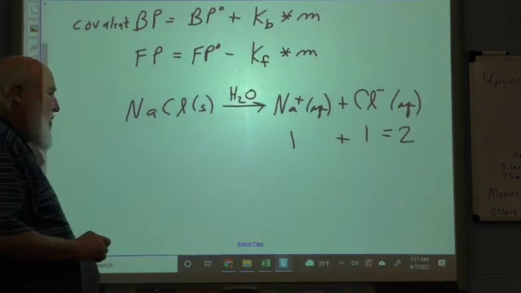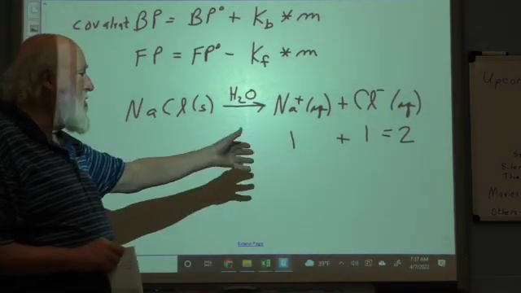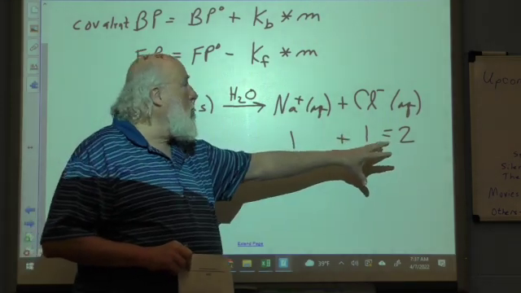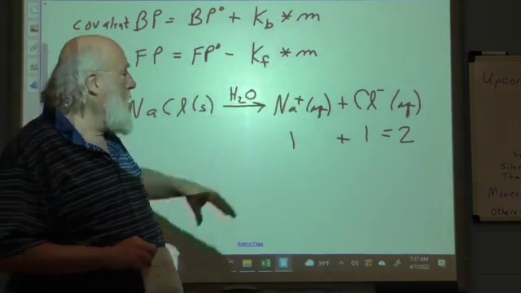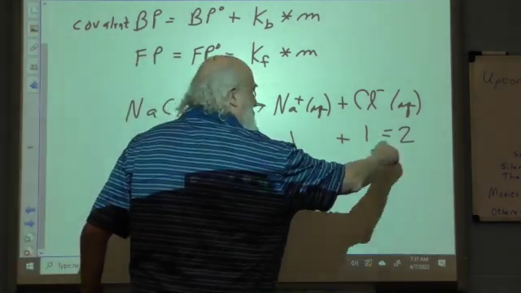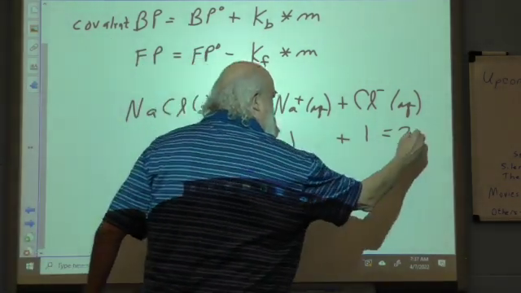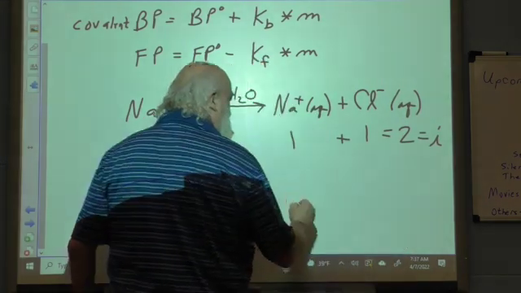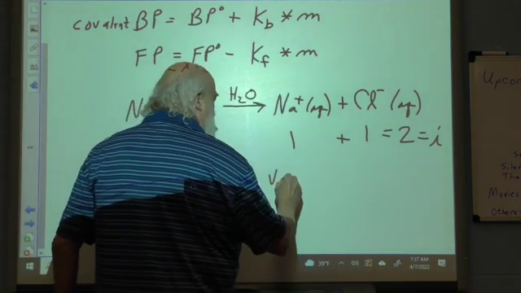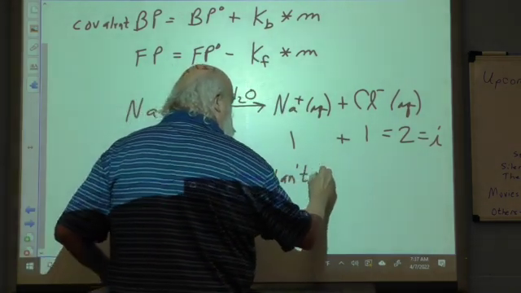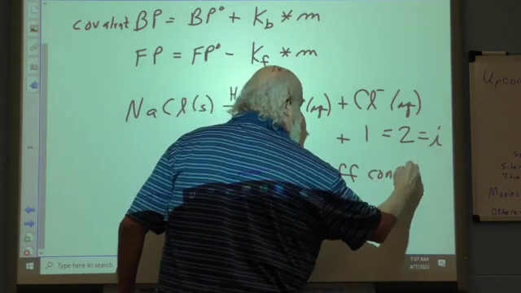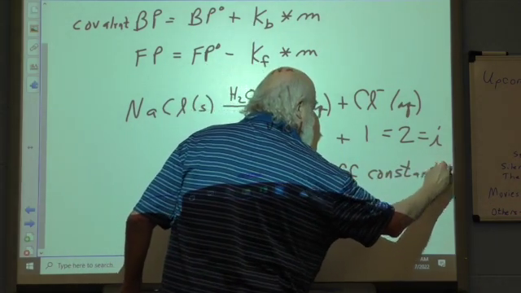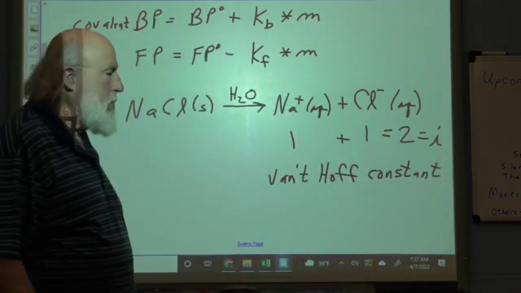So this is going to double this part of the equation. We call this quantity I, and that stands for the Van 't Hoff constant, named after a Dutch scientist who came up with this idea brilliantly.